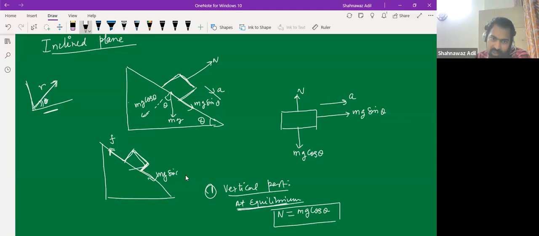But in the earlier case, mg sine theta was not balanced by anything, so it slid. When we do the friction part, we'll see that in some cases it cannot slide.